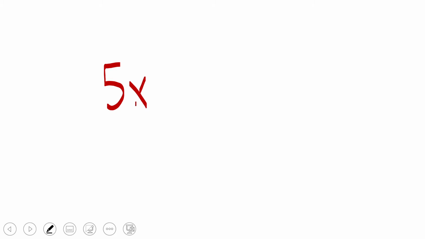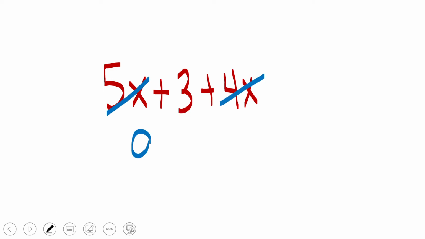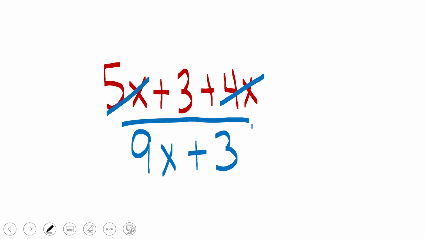So we would have 5x plus 3 plus 4x. We would match our like terms. We'd say, okay, 5x plus 4x, that gets rid of those. The constant is the only thing left, and that is our final solution without having more information as to what x equals.